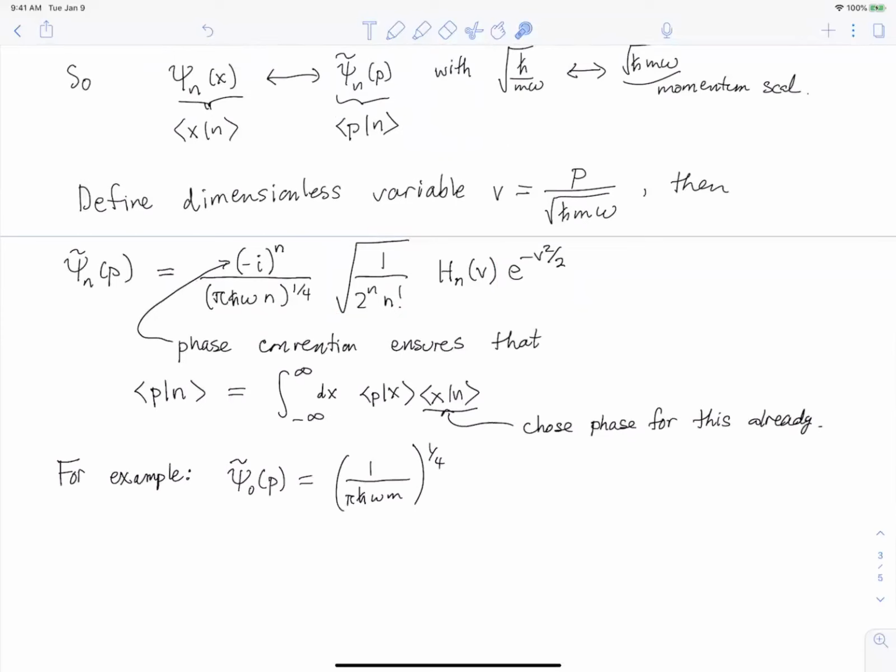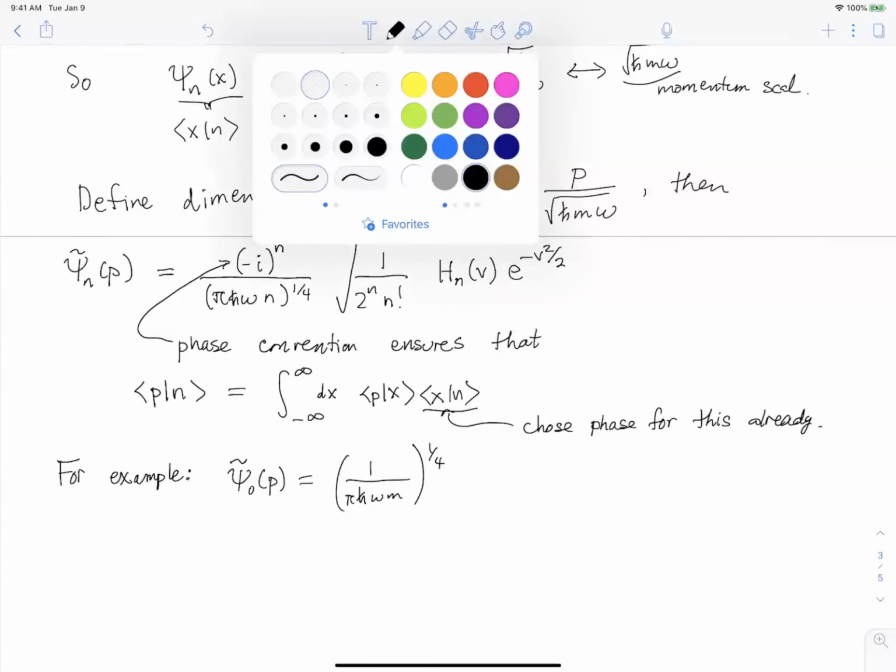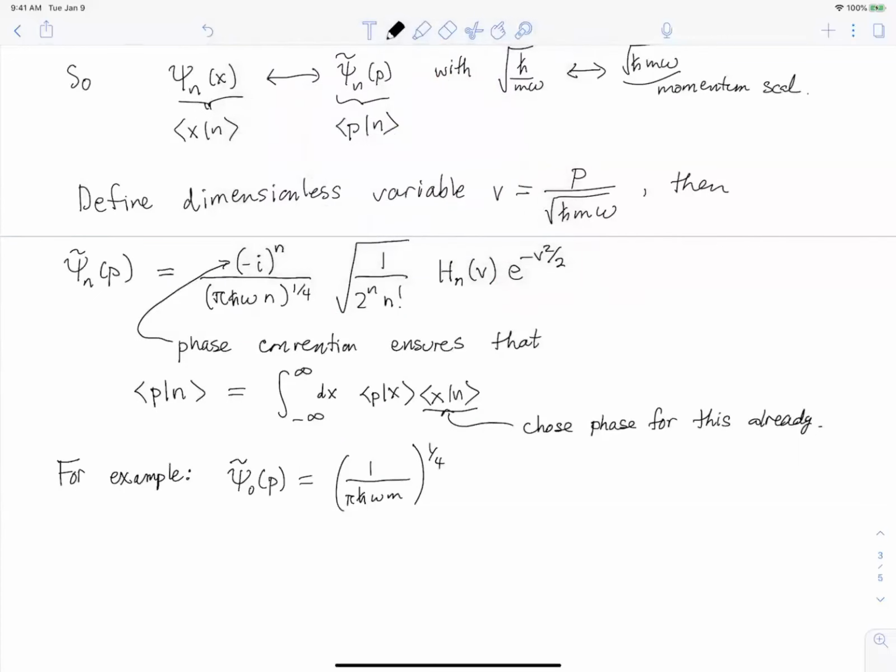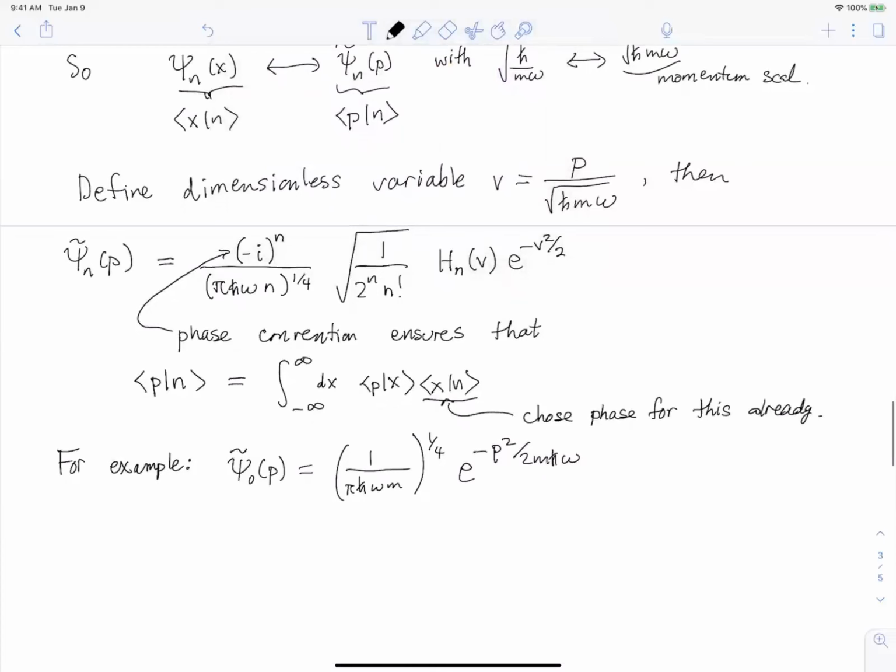And so now we can just plug in for this exponential, and what we get here is e to the minus p squared over 2 m h bar omega. Okay, so that's also a Gaussian. It's true for the harmonic oscillator that the ground state happens to be a Gaussian. And once it's a Gaussian in position, we proved earlier that Gaussians are Gaussians regardless of whether you're in position or momentum space.